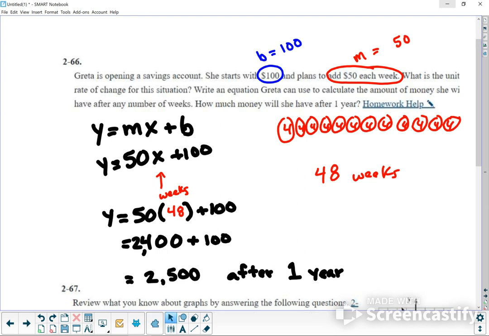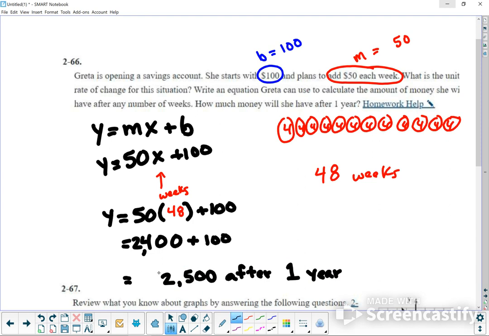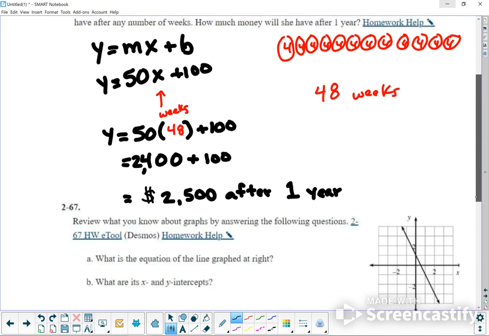And now remember, if you use a slightly different number, so instead of 48 weeks you use 52 weeks, then you will have a little bit more money. But in this case, we're only using 48 weeks. So she will have $2,500 after 1 year. Think about that, right?